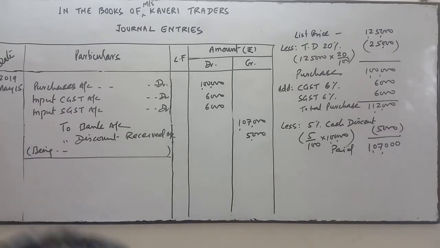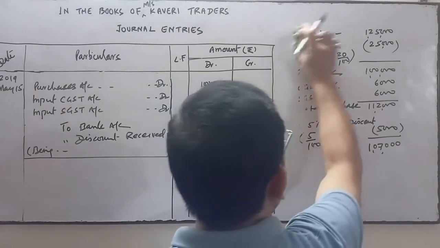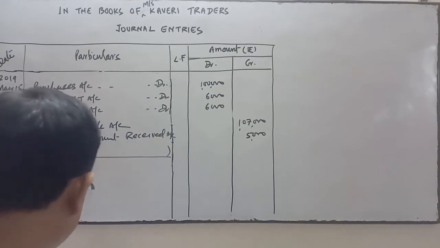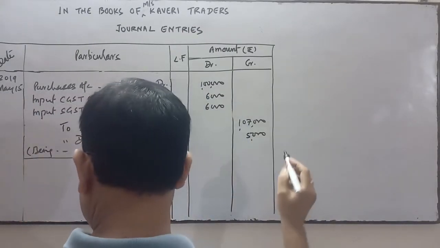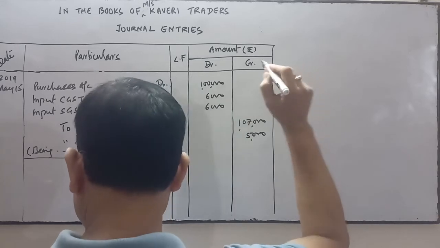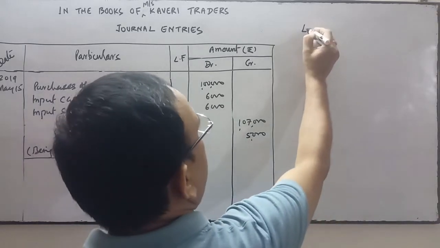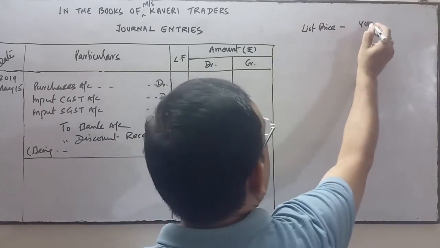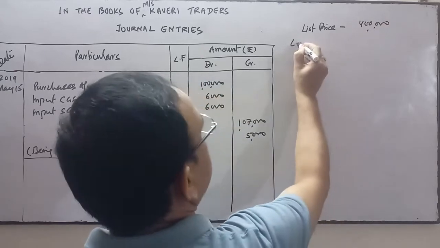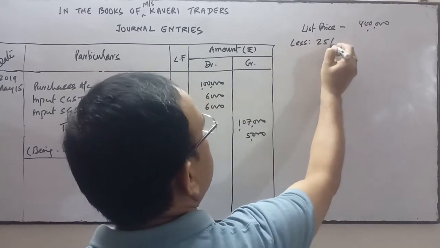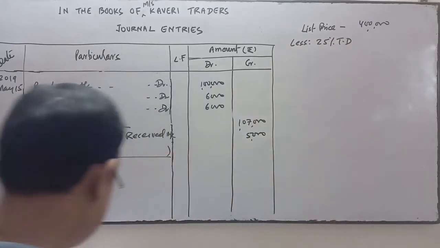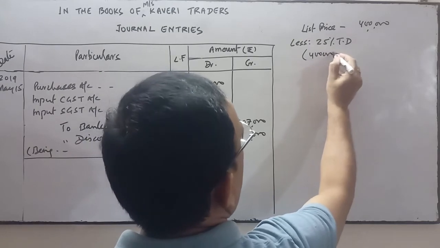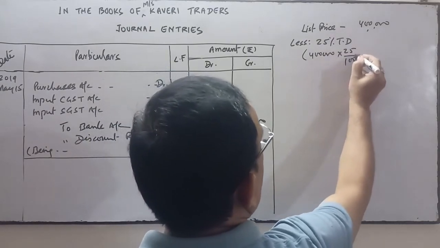Next transaction is sold goods to Arbind Patel and Company, Hubli. The list price of the goods is 4 lakhs, less 25% trade discount. 25% of 4 lakhs is 1 lakh.